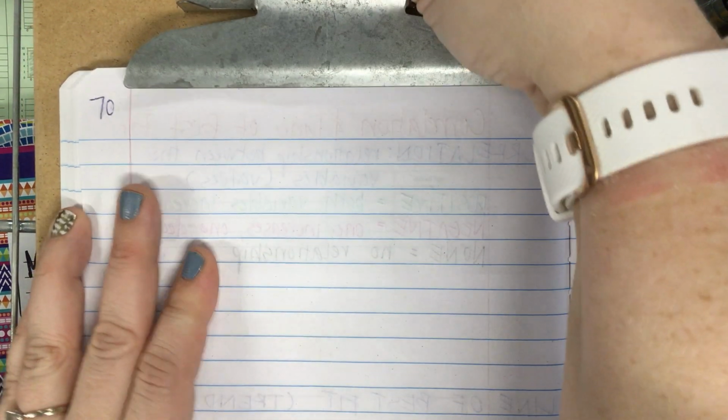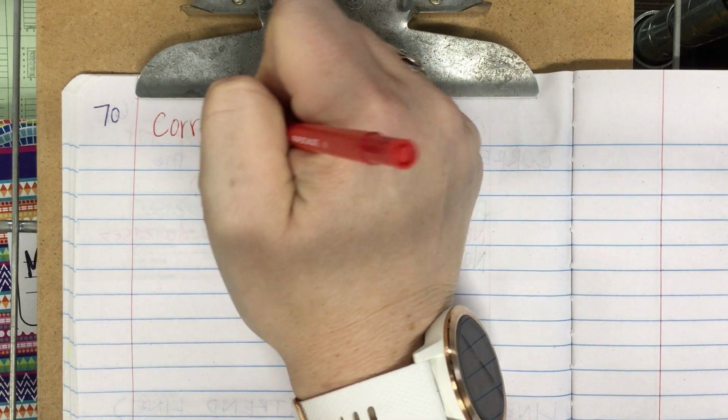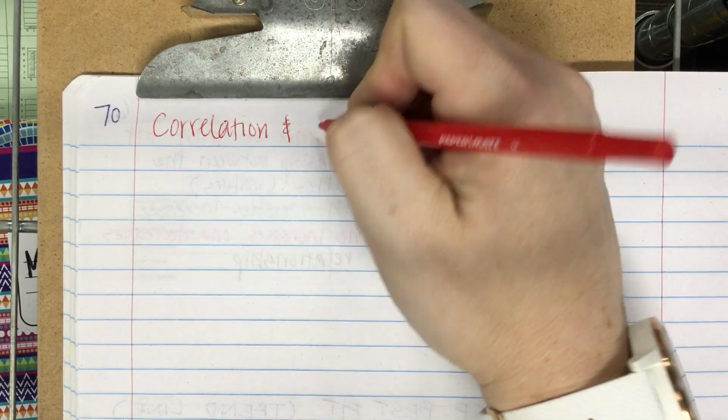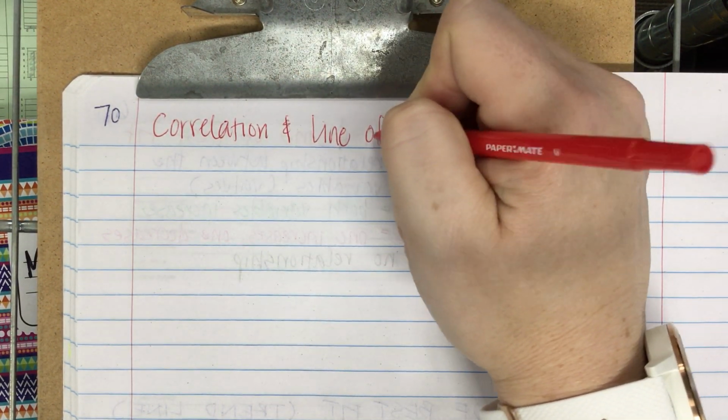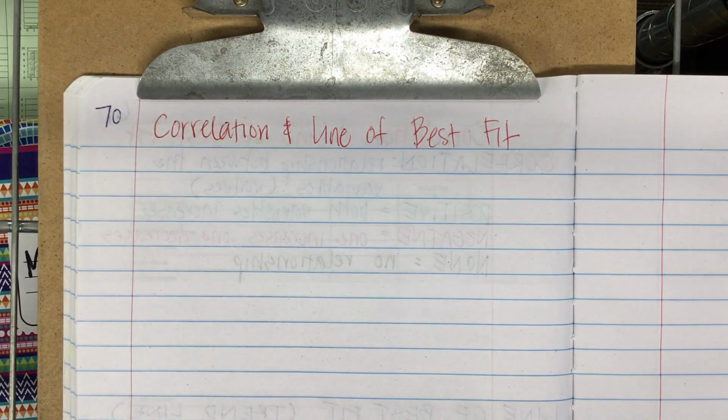So we're going to continue. Once you have this line of best fit drawn, you can use it as a predictive value. There are 2 types of predictions you can make once you have a line of best fit.